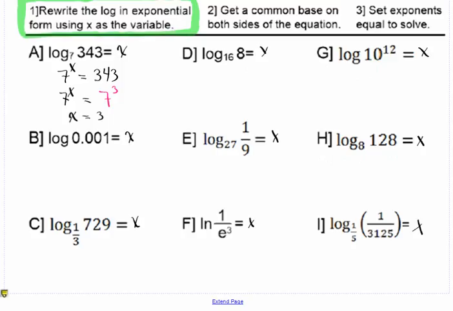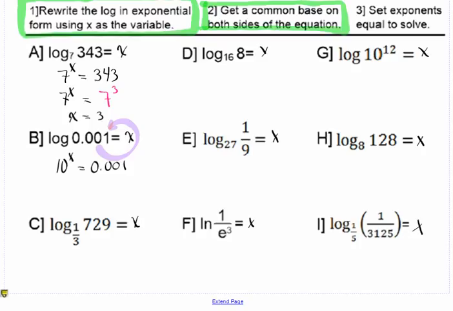Okay. B says, I have log base 10. Remember that, okay, because that's a base that's not written. Do my little flip. Okay, so this is 10 to the x is equal to 0.001. Remember, over here, it said get a common base.